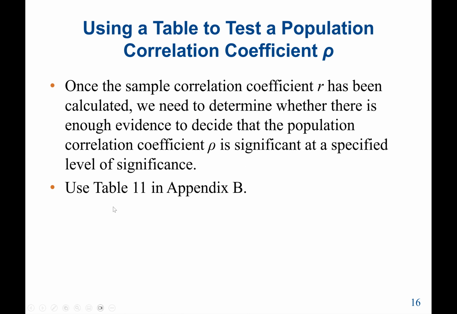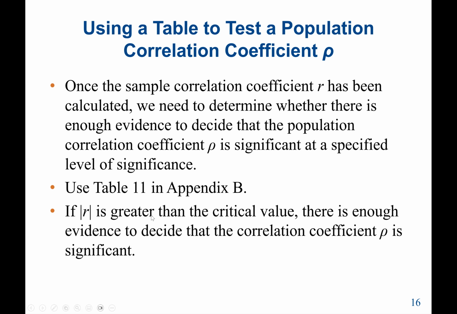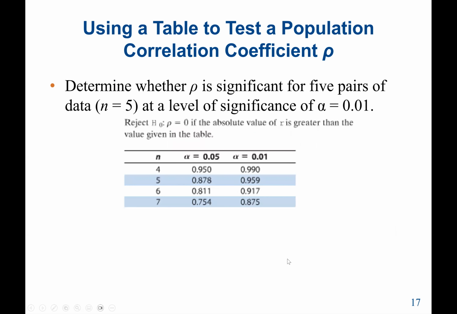We can use, again, our textbook's Table 11. If R is greater than the critical value, then there's enough evidence to decide that the correlation coefficient rho is significant. So we're going to see an example soon.